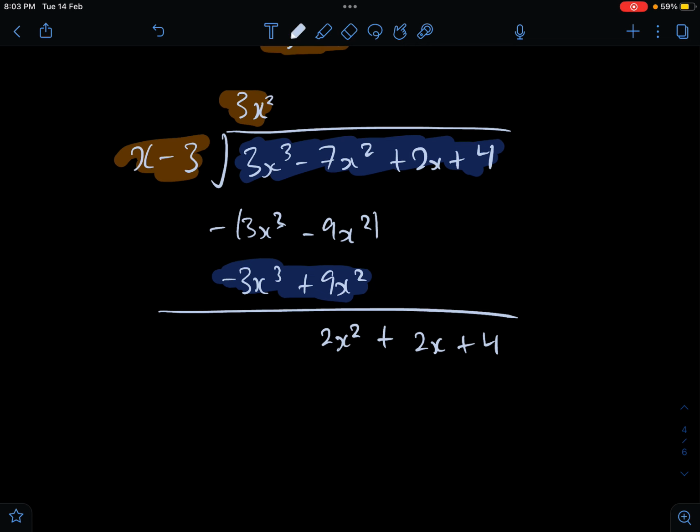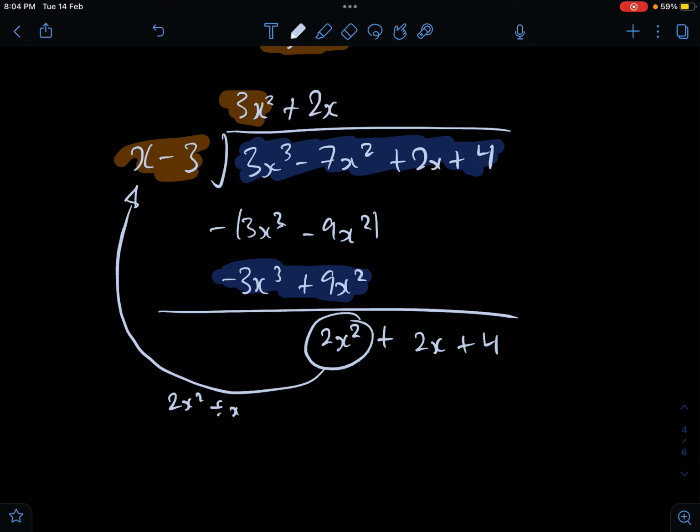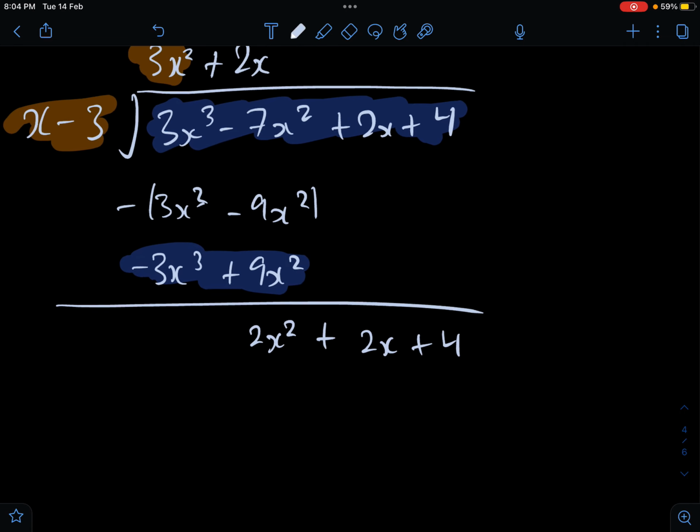Now we're going to go for our next one. 2x squared divided by x is 2x. Alright, clean this all up. I'm just going to speed up the rest of it because I've already gone over it for the most part.